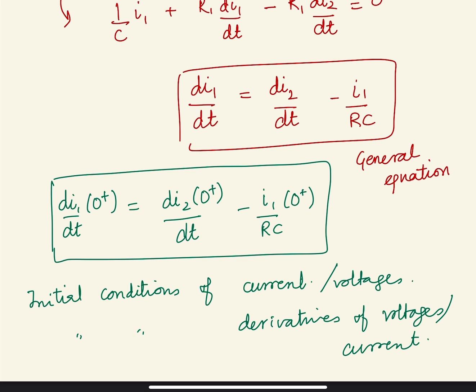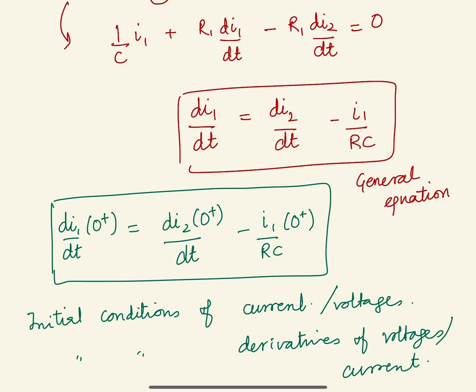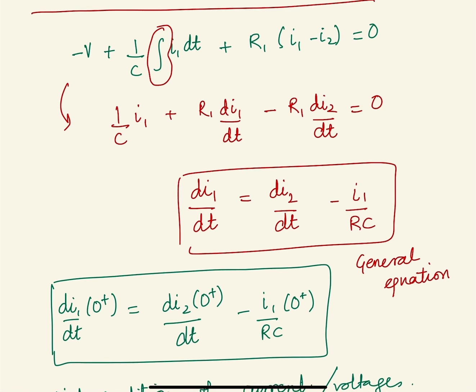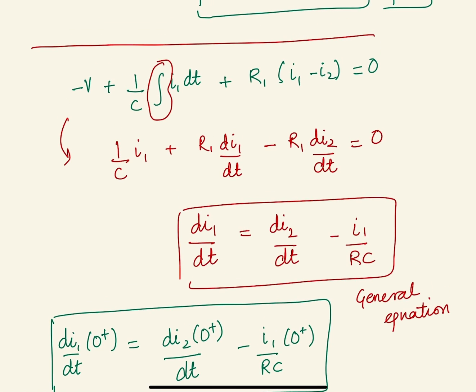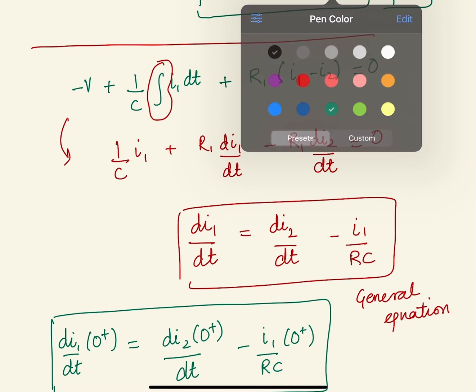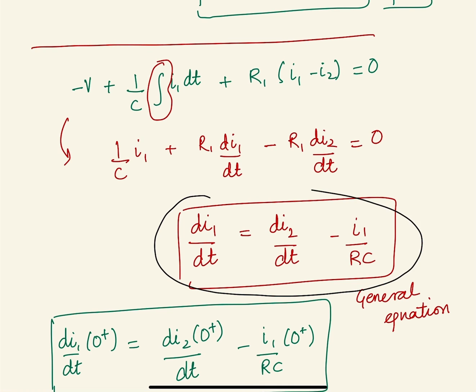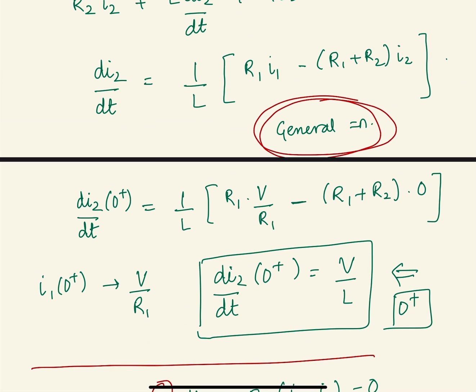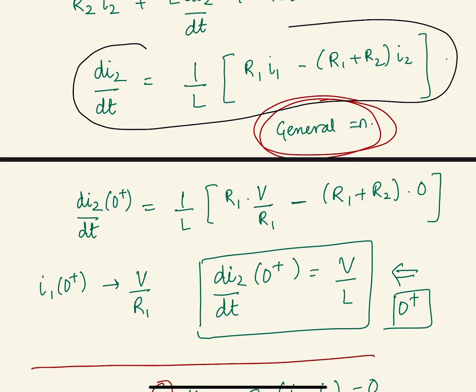Now you would ask, why are we interested in finding out these initial conditions of the derivatives? If you take a look at this equation, or for that matter, this equation, these are two derivative equations.